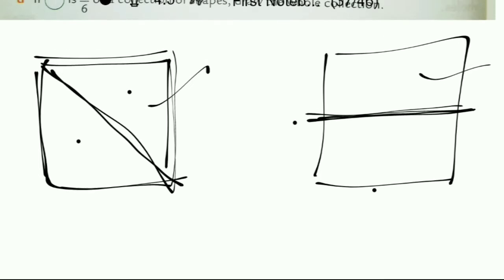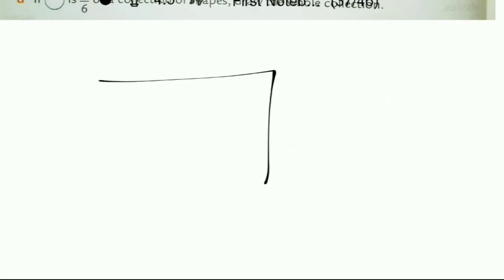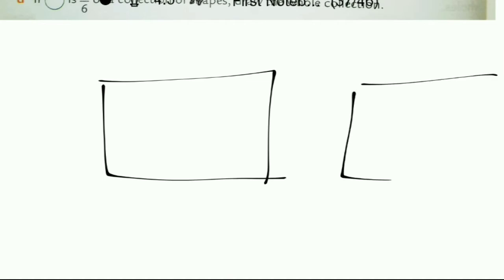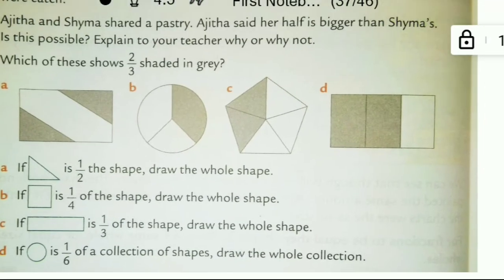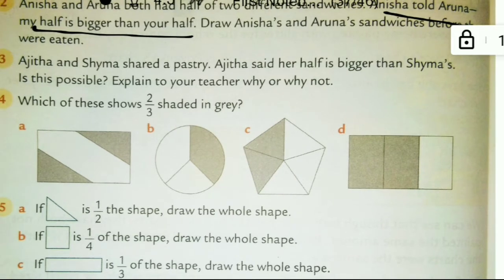See, the pastry is in the cuboid shape. So when we cut, it is like this shape only. It is not half, we have cut it like this. So one part is greater than the other part. Like this we can explain.